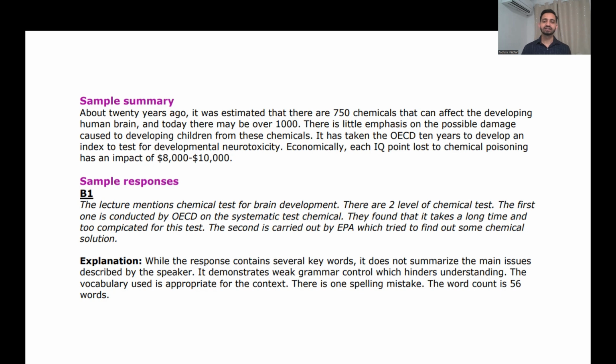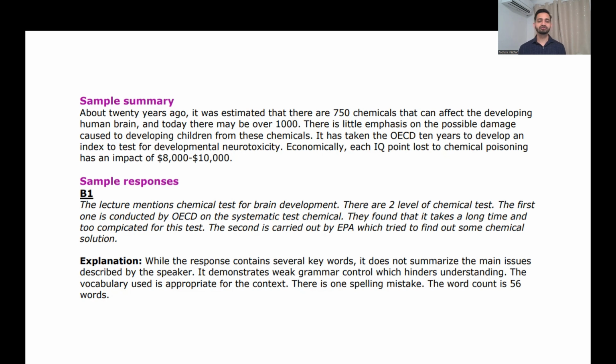It has taken the OECD 10 years to develop an index to test for development neurotoxicity. Economically, each IQ point lost to chemical poisoning has an impact of $8,000 to $10,000.